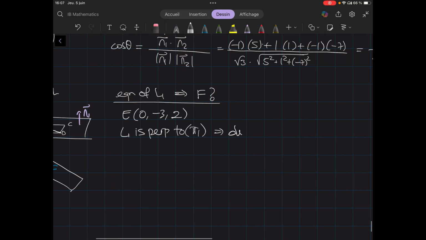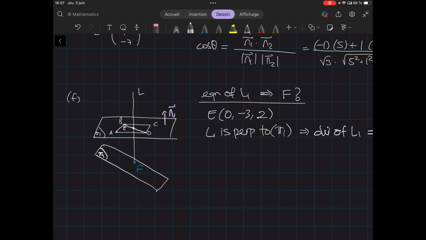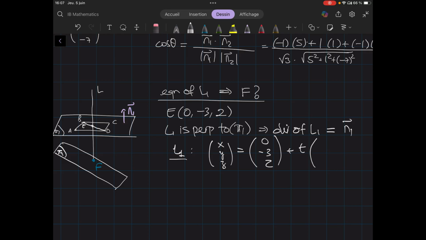Thus, the direction vector of L1 is the same as the normal vector of plane pi 1, as the normal is perpendicular to the plane. So the equation of L1 is therefore x, y, and z is equal to 0, -3, and 2 plus t times -1, 1, and -1.